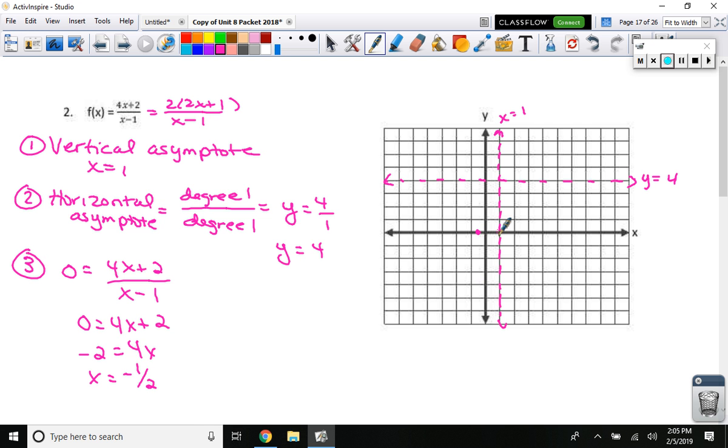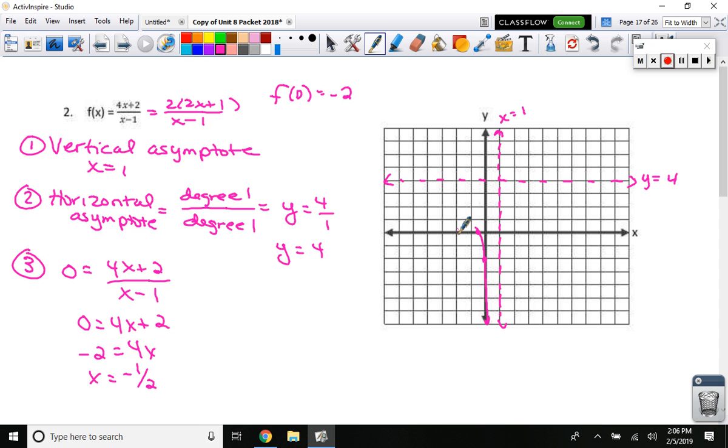Okay, so what else could I try over here? How about 0? 0 is a quick one to plug in, right? F of 0, what are we getting? Negative 2. Alright, so I already know one point here.